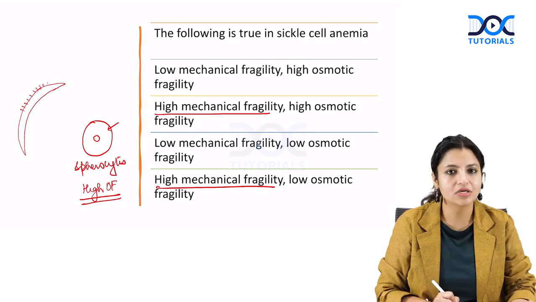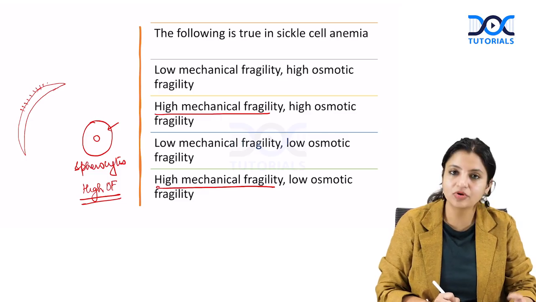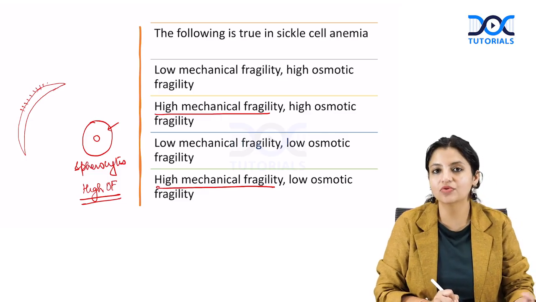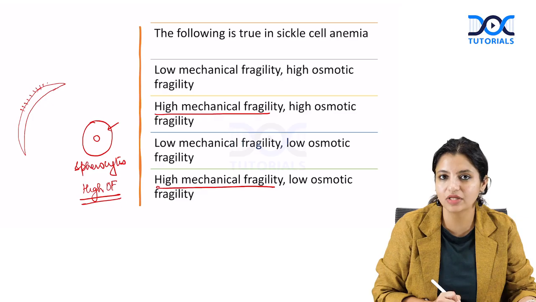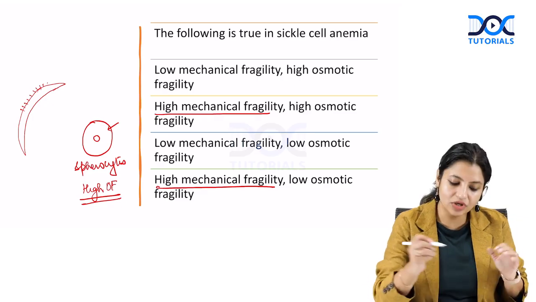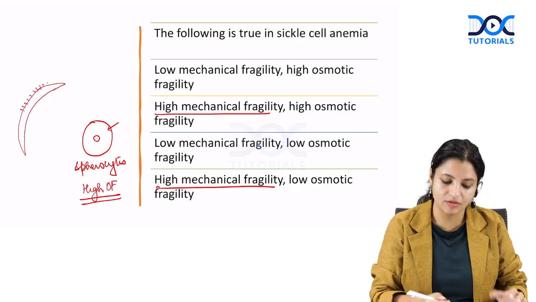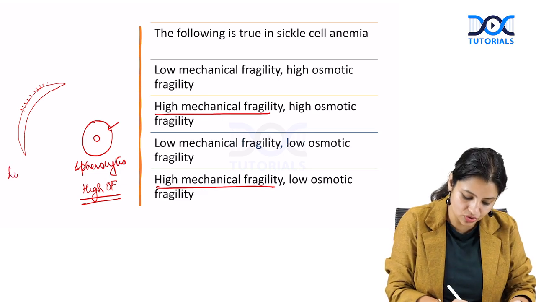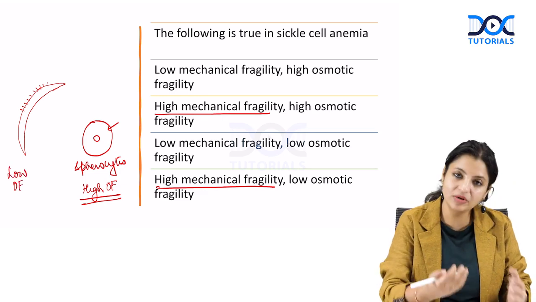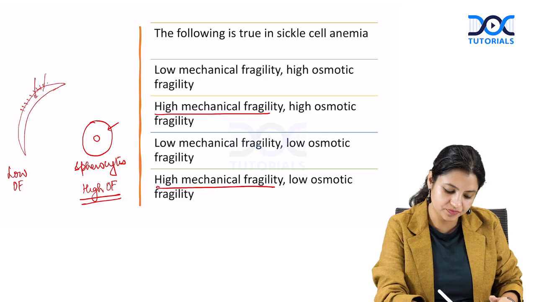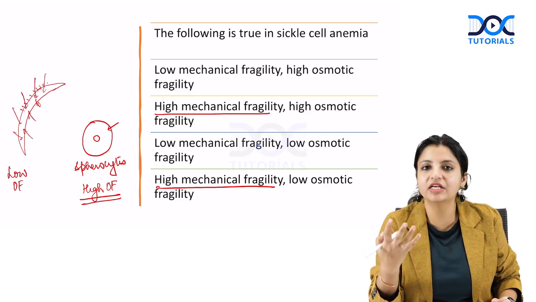Now, what about sickle cells? They are already sickled, and their membranes are already damaged. So if you keep them in a solution, they will keep on taking more and more water, because they are very dehydrated cells.